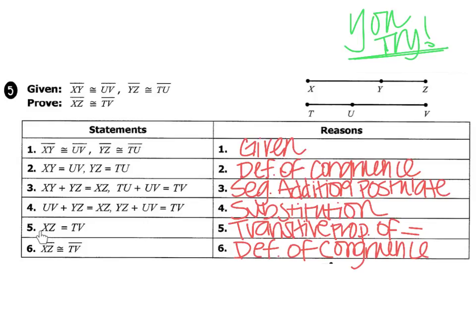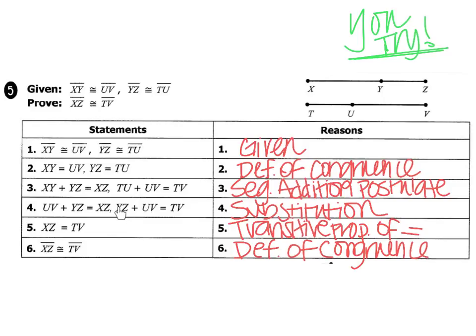Then for step number 5, what we want to ask ourselves is, how did we get step 5? What did we use in our previous statements to give us step 5? If we look at these, we want to look for xz, and where does xz appear? So xz appears here, and tv appears here. Where are they similar? If we look at this, we see that uv plus yz equals xz, and uv plus yz, they're just switched around, but it's still the same thing because it's adding, also equals tv.